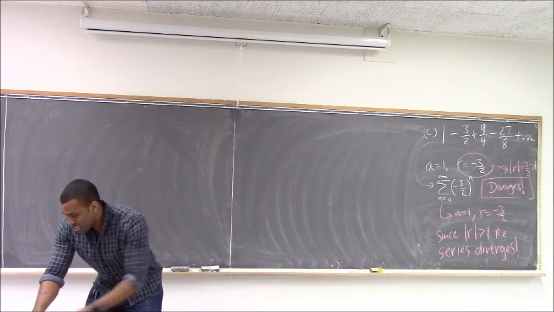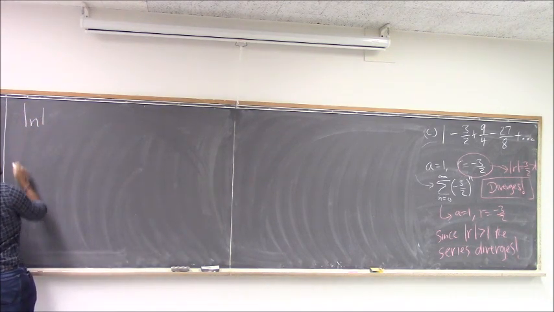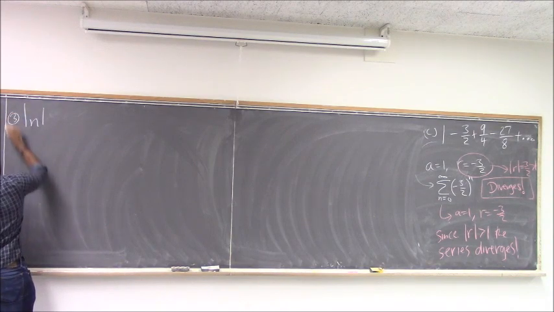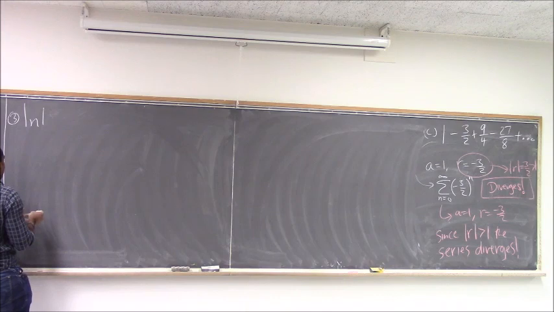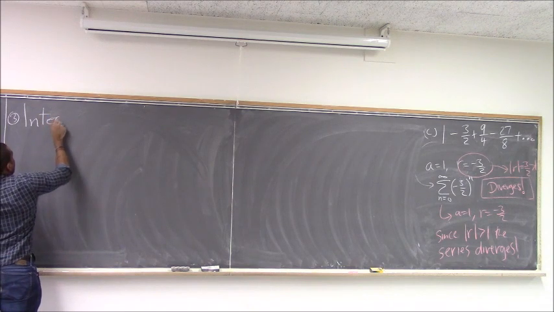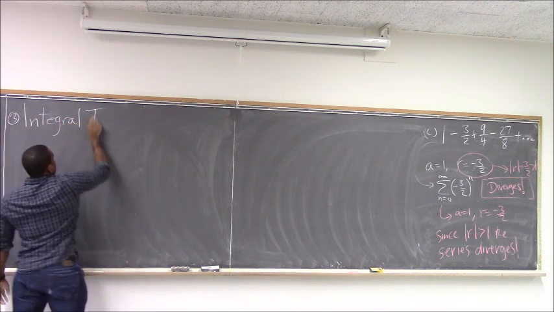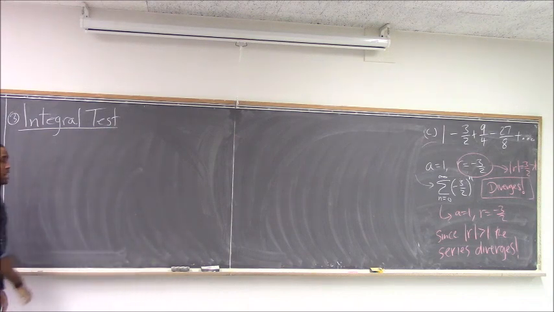Let's go. Integral test is the next test that we're going to look at. This is test number 3. Telescoping, test for divergence, geometric series. Yeah, so this is number 3. There's something called the integral test, which luckily for us, we're all awesome at integration by now.